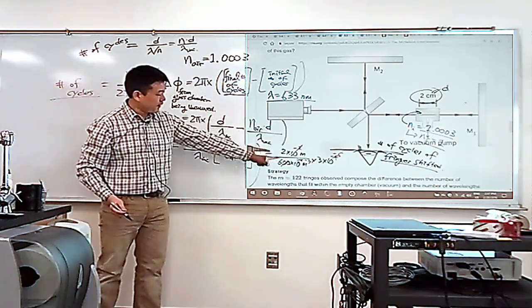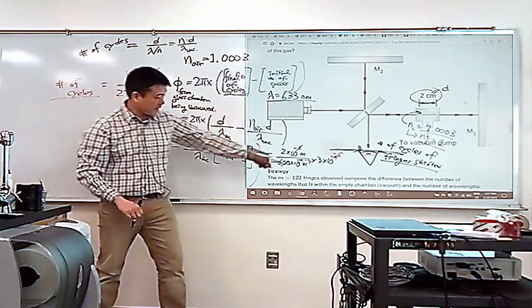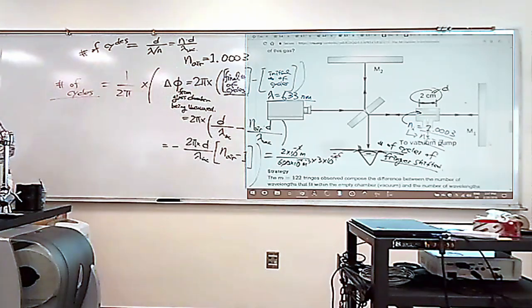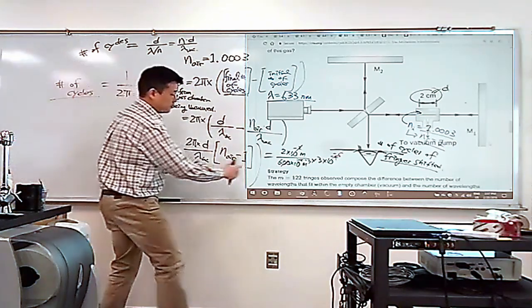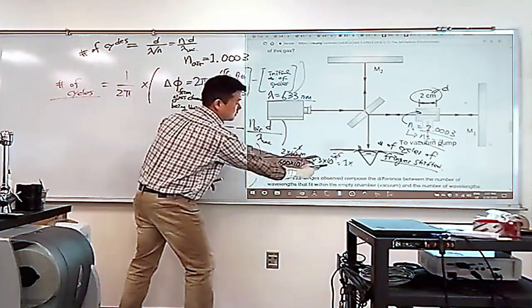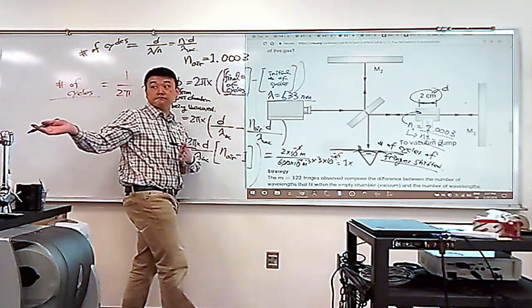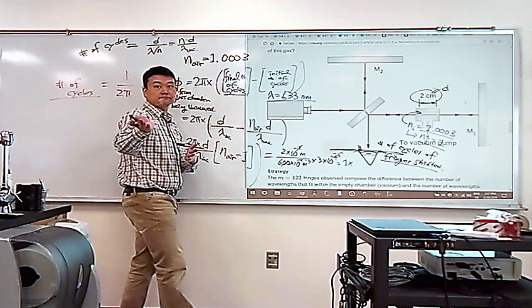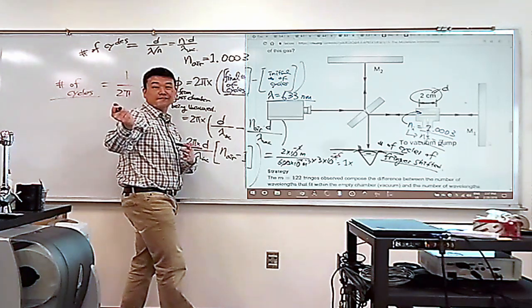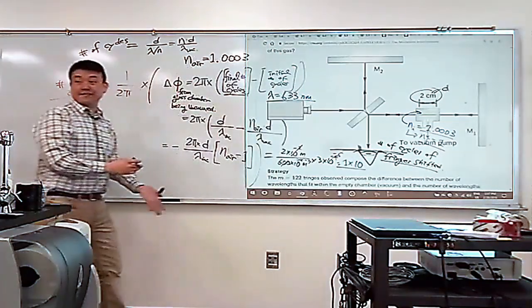So 2 divided by 6 is 1/3, times 3, so 1. So 2 divided by 6 times 3 is 1, times 10 to the minus 6 divided by 10 to the minus 7 is... people here can do powers of 10 calculation in their head? 10, right? Yeah, 10. So the number of cycles you will see is 10.